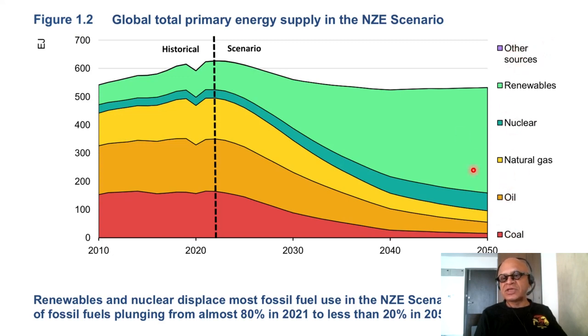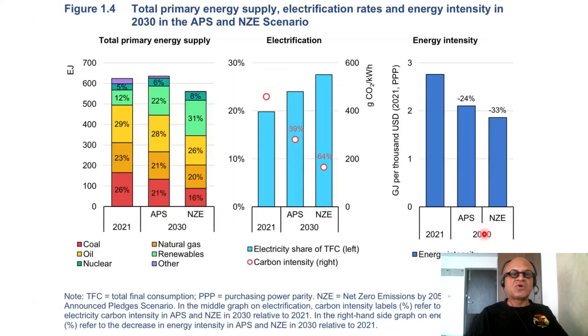So obviously by the time you hit 2050, renewables have to do most of the work with some contribution from nuclear, but you'll still have natural gas, oil, and coal. Sadly, coal will still be around in this net zero emission scenario, which basically means irreducible emissions are going to be taken out by carbon capture and sequestration to reach net zero.